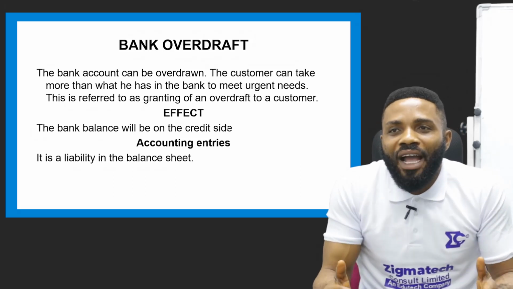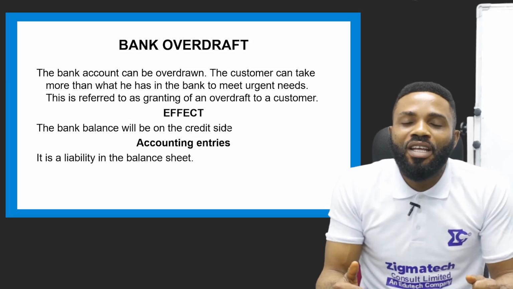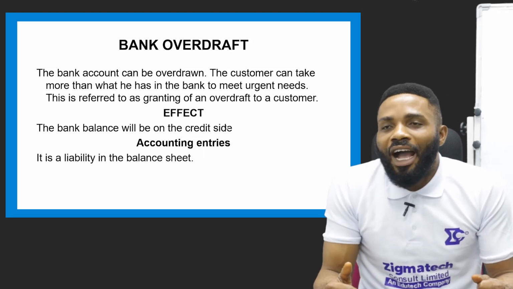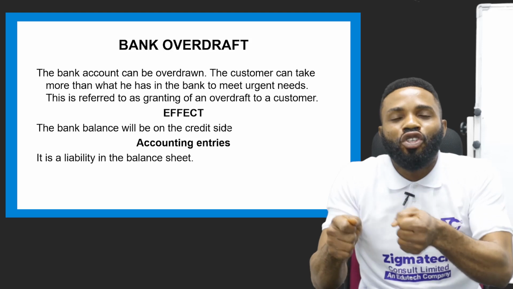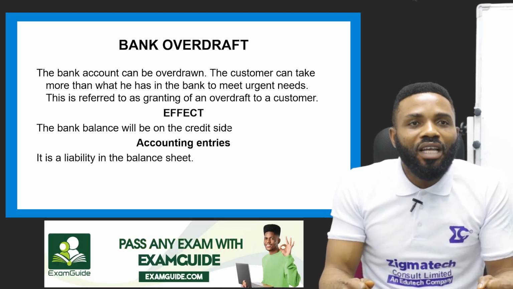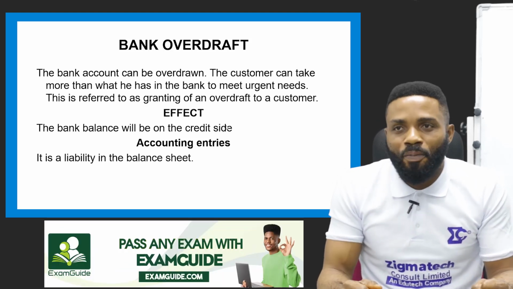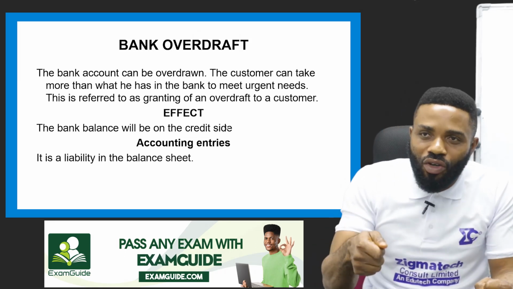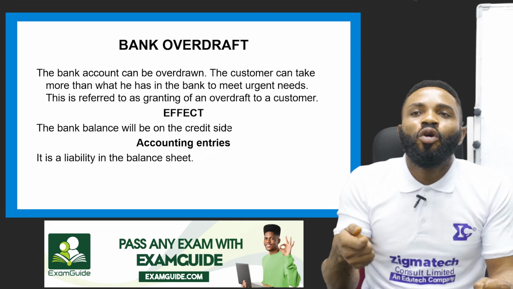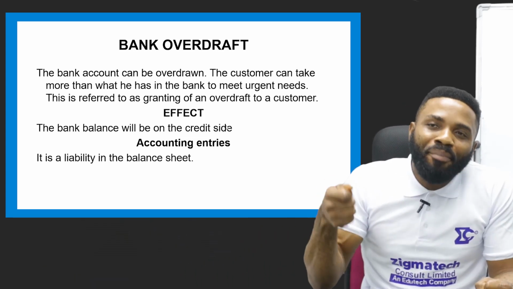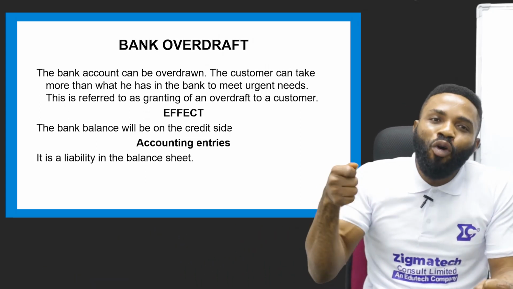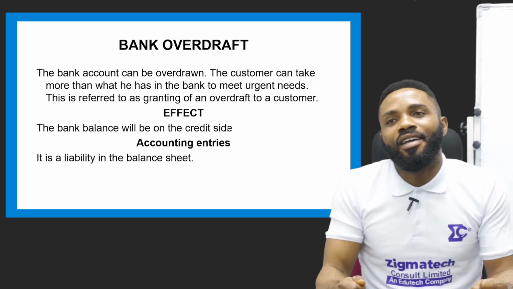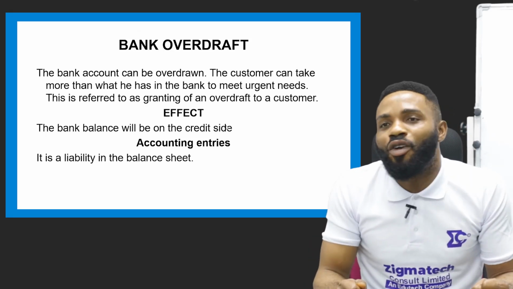And what I have in the account of the company is not up to 1 million. I can approach the bank and say, please, I have an urgent need to attend to. Please, can I be given an overdraft? That permission the bank will give you to be able to withdraw an amount of money that is more than what you have in your account is what we call an overdraft.